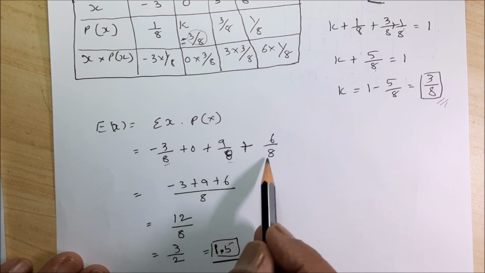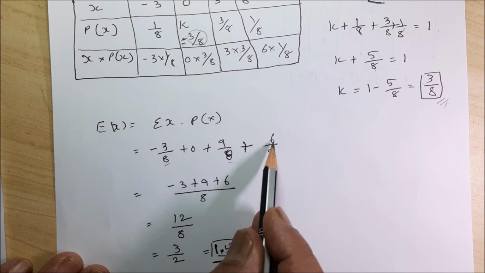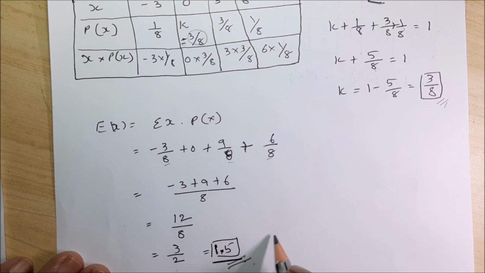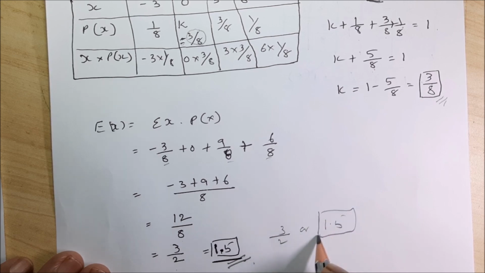All the denominators are one and the same, 8. So minus 3 plus 9 plus 6: 9 plus 6 is 15, 15 minus 3 is 12. So 12/8, or 3/2. The answer is 1.5, or you can say 3/2 or 1.5. You can simplify further. This is what you have to do.